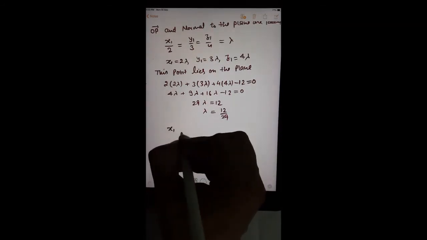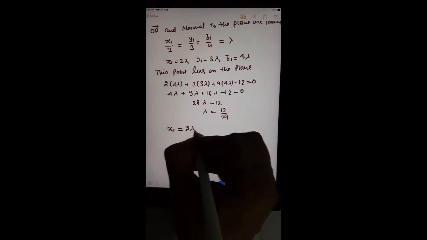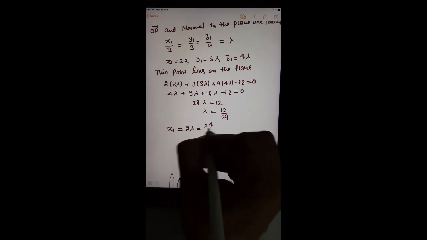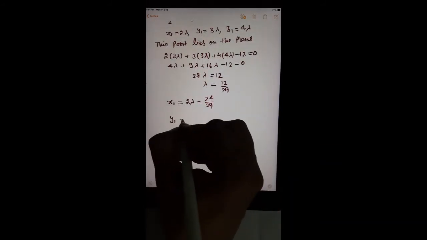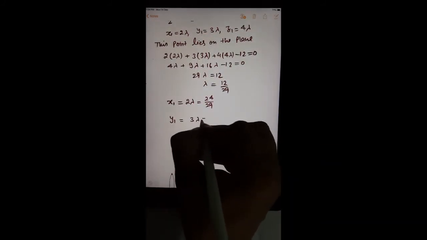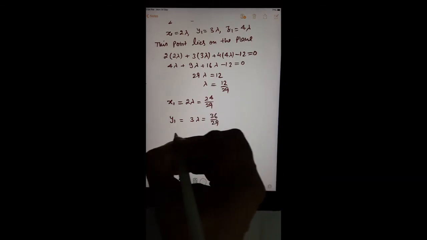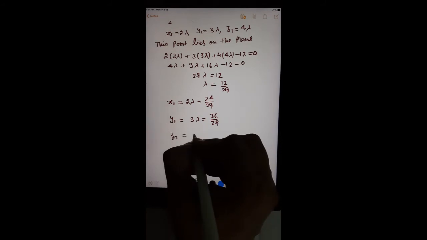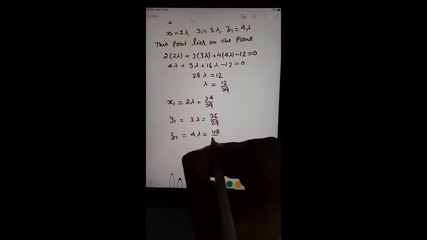Putting in x1, y1 and z1, we get x1 is equal to 2 lambda, so it is 24 upon 29. Similarly, y1 is equal to 3 lambda, so it is 3 into 12, that is 36 upon 29. And z1 is equal to 4 lambda, so it is 48 upon 29.